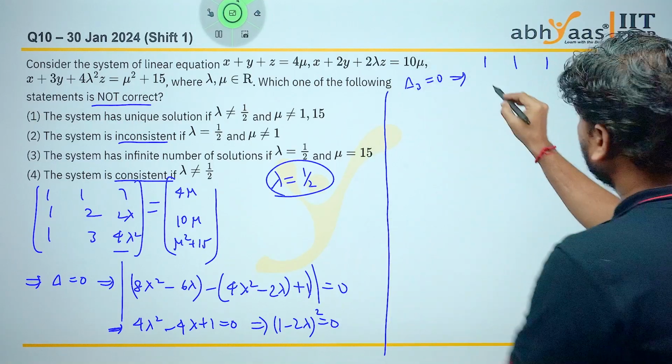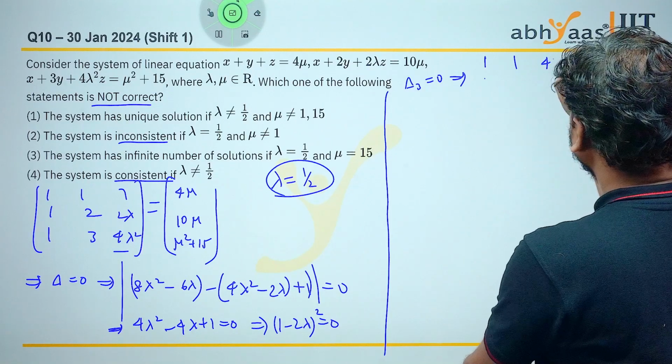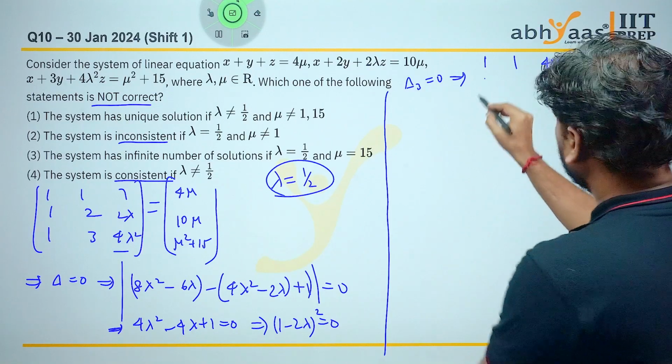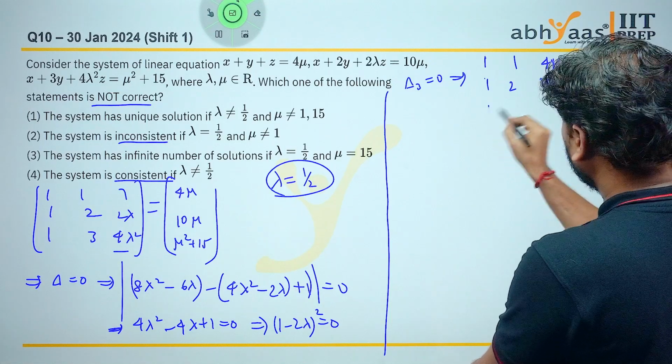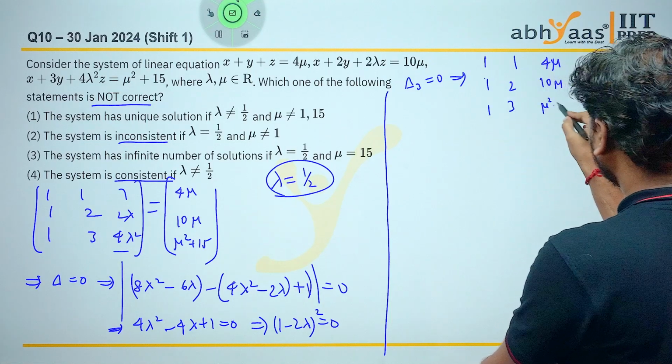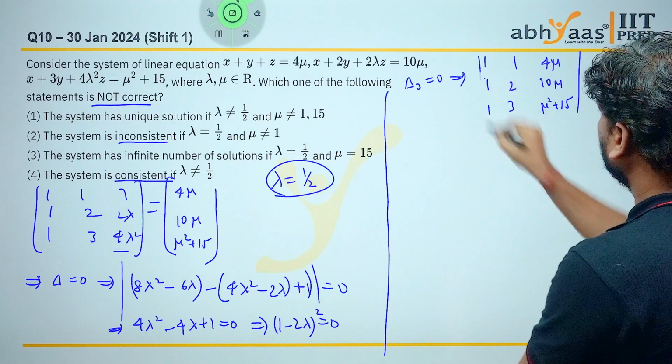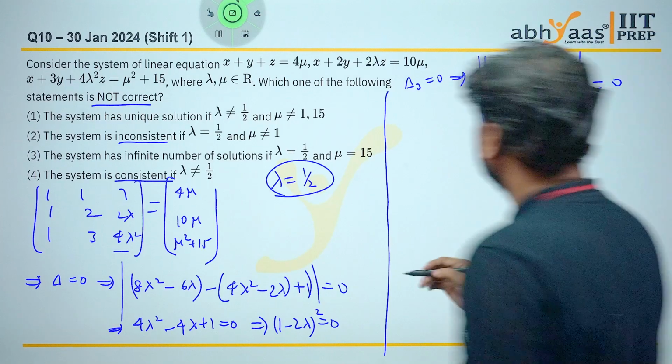1 1 1, 1 2 4 mu, 1 2 10 mu, and 1 3 mu square plus 15, equal to 0.